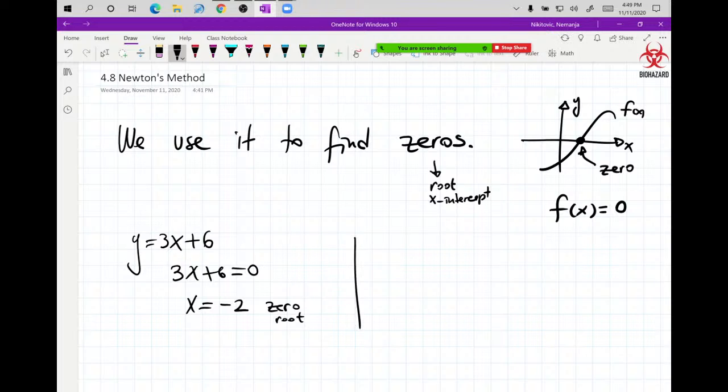Also easy when you have a quadratic, like x squared minus 4x equals 0, right? Oh, factor out x, set each one of these to 0, x equals 0, x equals 4, easy peasy, right? So it's easy when it's nicely lined up.